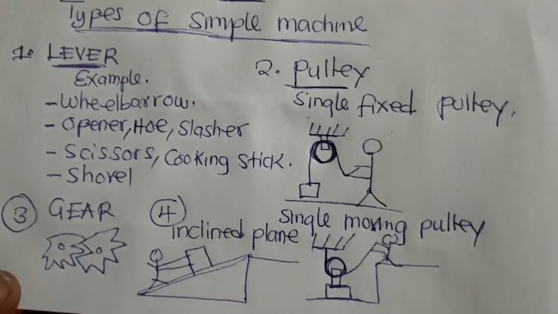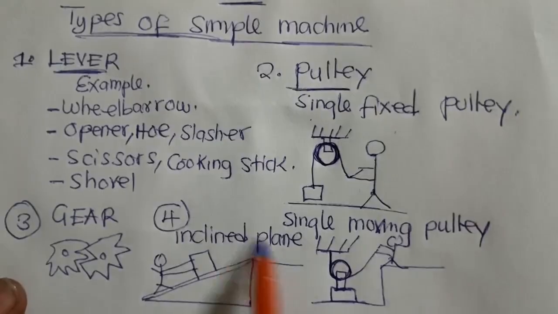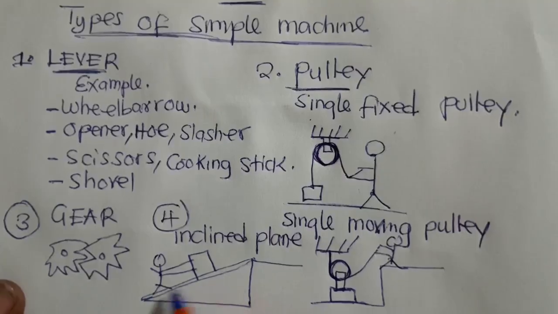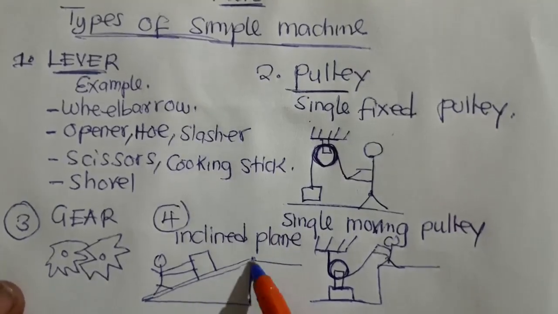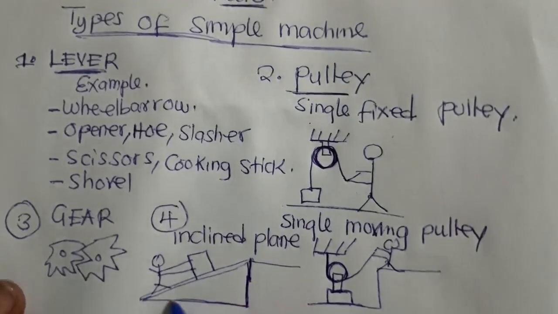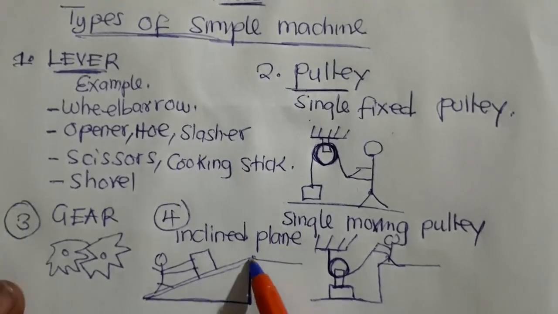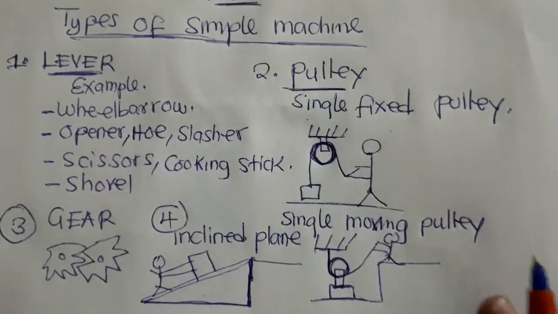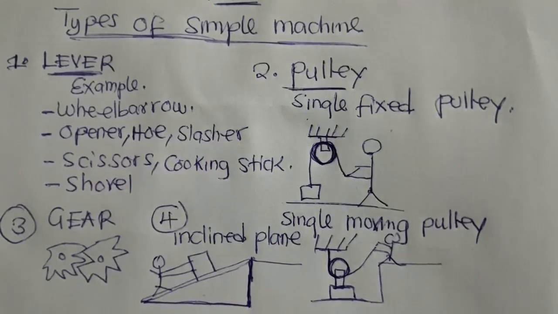This is called an inclined plane. There is something here that is being constructed, a triangle. You are moving. So we have talked about 4 types of machines. These are the 4 types of machines that we have talked about.